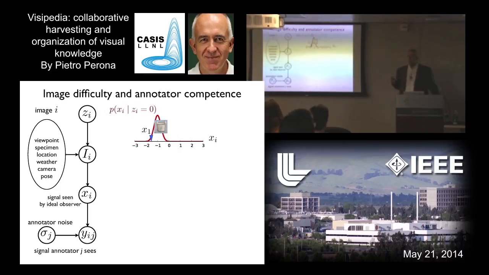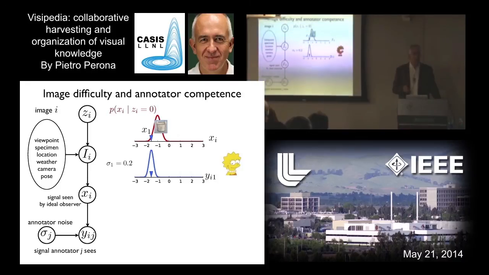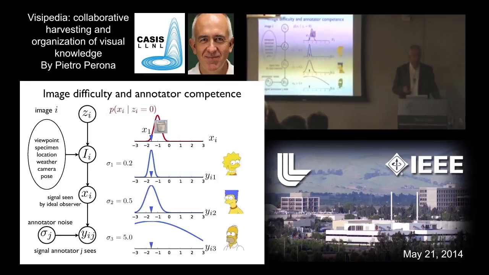What is that noise? It's caused by their level of attention, by where they focus, by how well they know the colors, and all of that. They will produce measurements that are akin to the measurements of the ideal observer, but spread around the ideal measurement. If you have a bad observer, the spread will be much larger, and that's the cause of the errors.